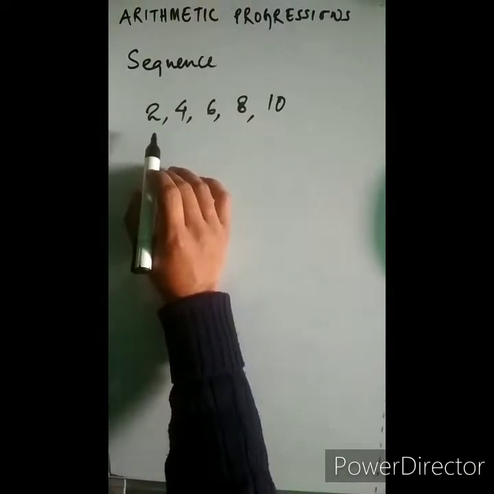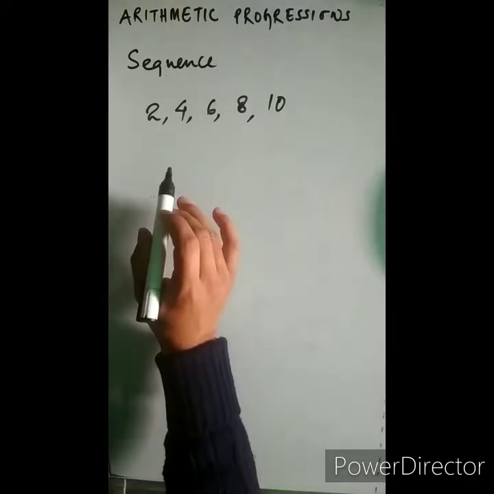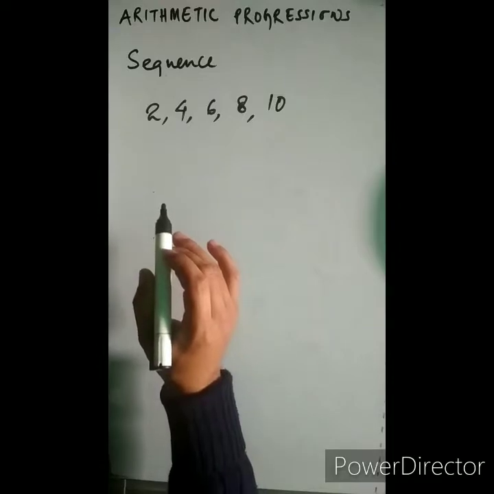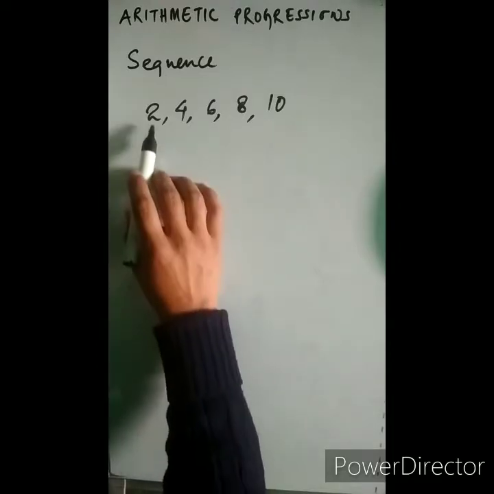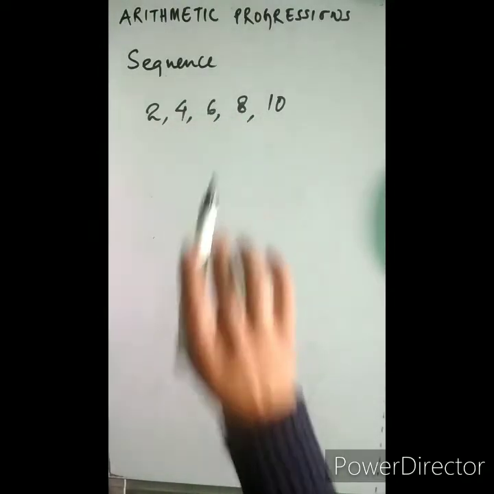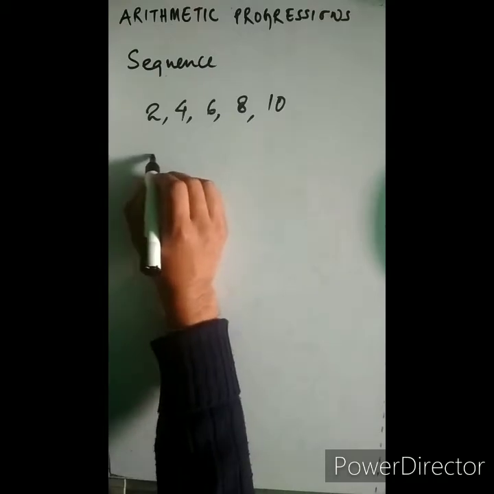Whatever the numbers present in the sequence is what you call term. That means the elements of the sequence are called terms. So here how many terms? 1, 2, 3, 4, 5. We have 5 terms.